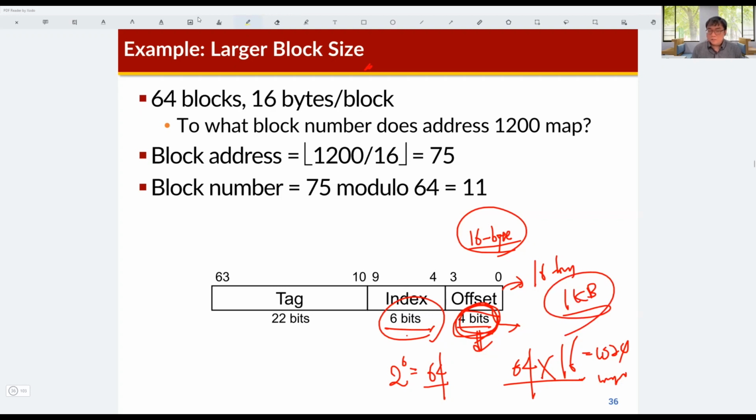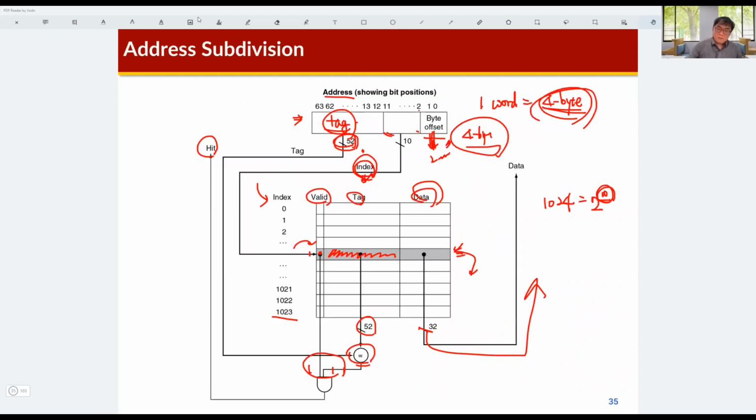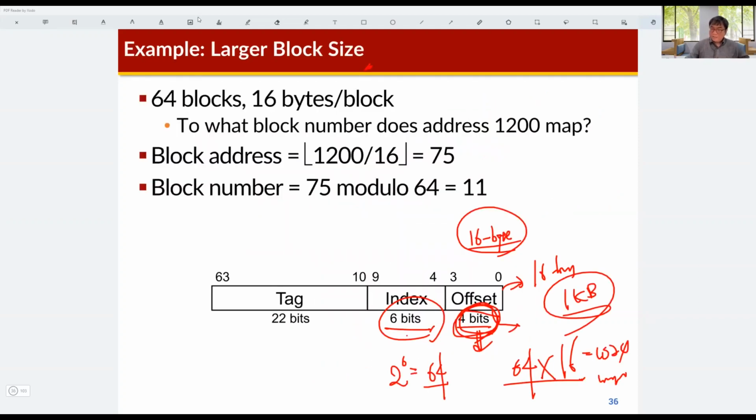So cache size is 1 kilobyte, but this cache block size is large. So what is the difference? In the previous example, the size of a cache block is 4 byte, and in this example, the size of a cache block is 16 byte.